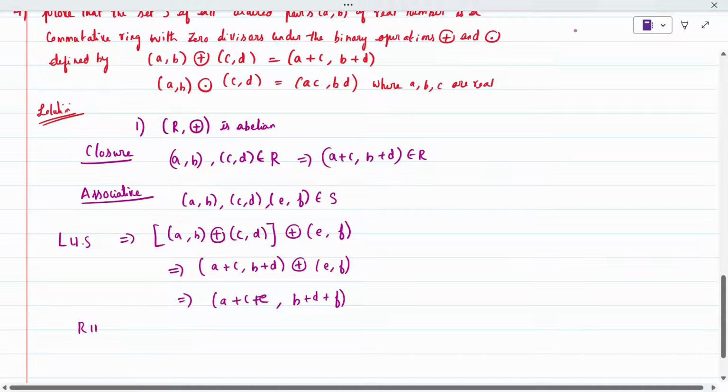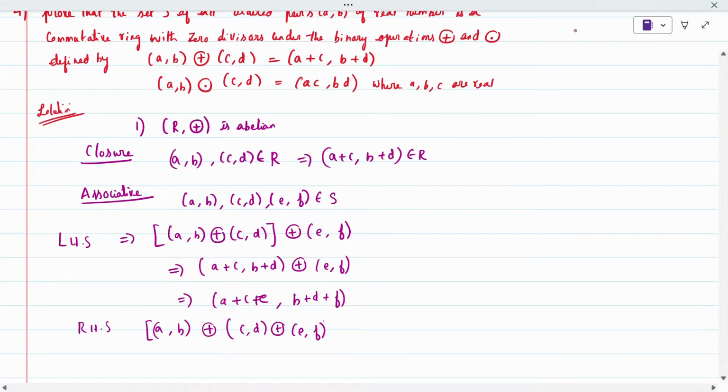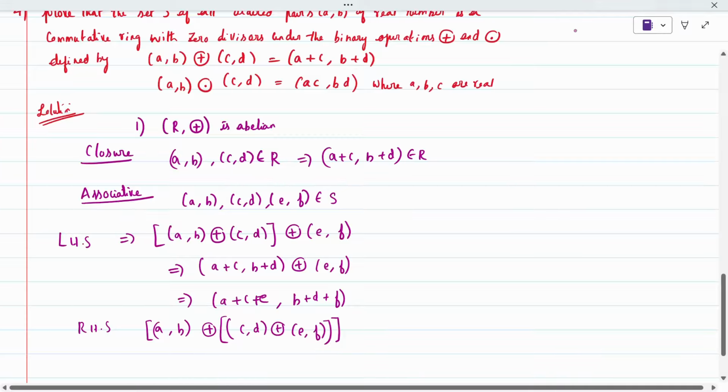In the same way, the right hand side: (a, b) plus the bracket of (c, d) plus (e, f). Keeping (a, b) as it is, the answer is (c plus e, d plus f), which gives (a plus c plus e, b plus d plus f).